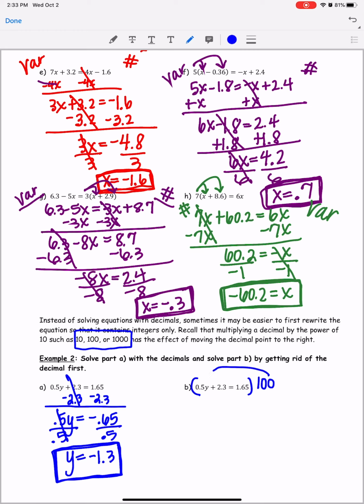When you do 100 times 0.5, you've got 0.5. We're going to move this 2 places, put in that 0. This becomes 50y. 100 times 2.3 means I have 2.3. I'm moving this 2 times, put in your 0. This becomes plus 230.